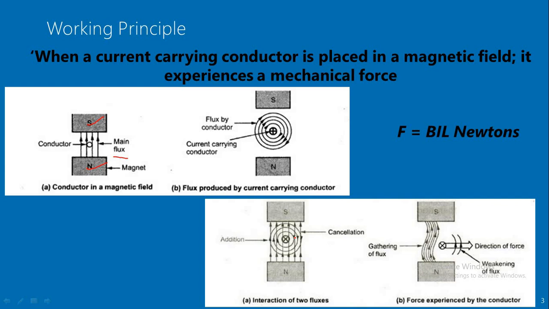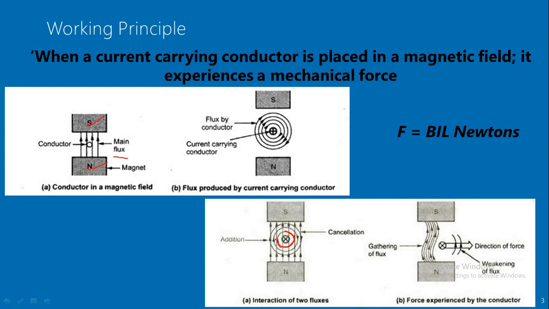According to Lorentz law, we can get the direction of flux: if the current is flowing towards the paper, as you are seeing, towards the screen, then the flux direction is clockwise. If the current direction is towards you, then the direction of flux will be anti-clockwise. So I am assuming the current direction is towards the screen, which gives the direction of flux in clockwise.